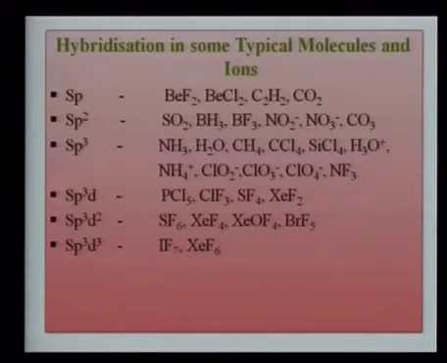Sp3 is also found in all the oxygen acids of phosphorus. sp3d: PCl5, ClF3, SF4, XeF2. sp3d2: XeF4, BrF5. And sp3d3: IF7.